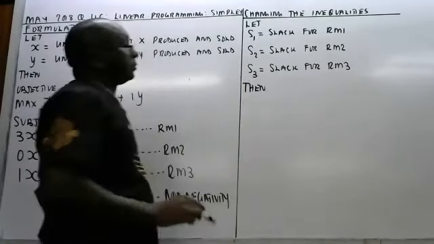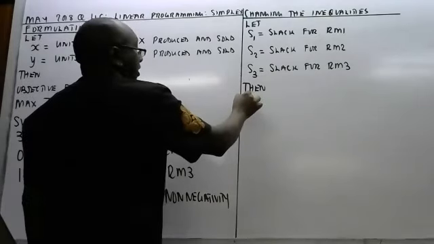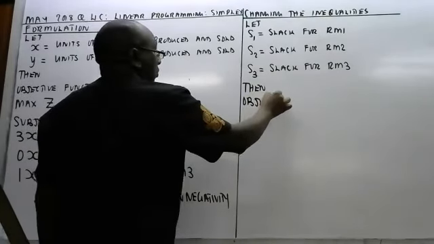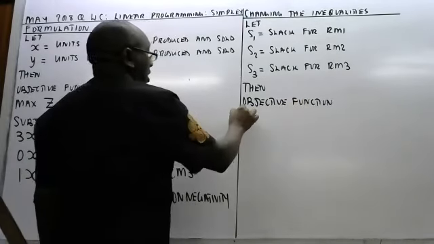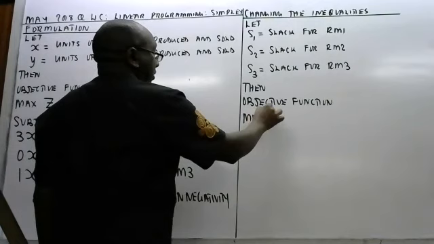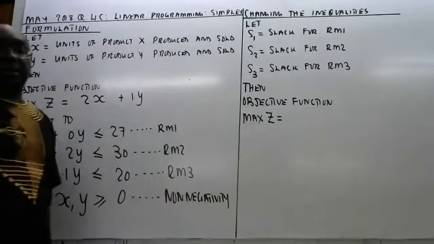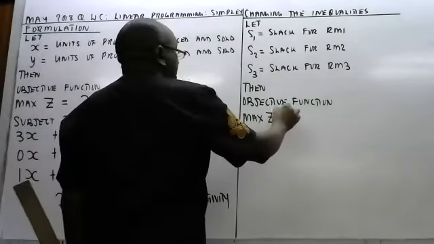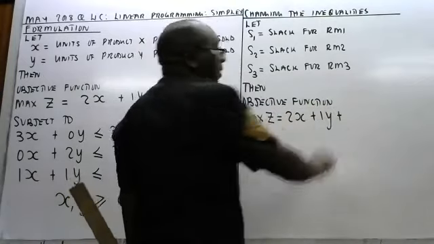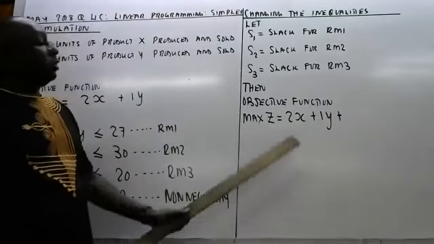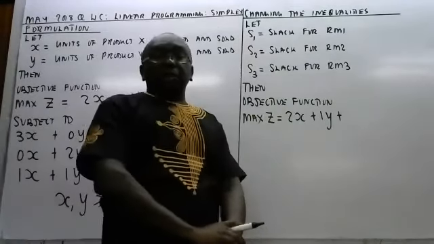Then the objective function is to maximize Z, which is 2X plus 1Y. Plus, I told you, you bring these slack variables, and I told you they have a contribution margin of how much?